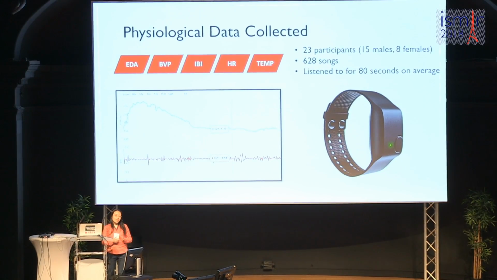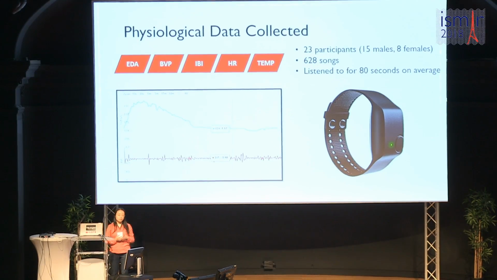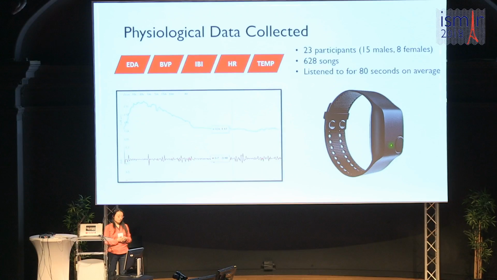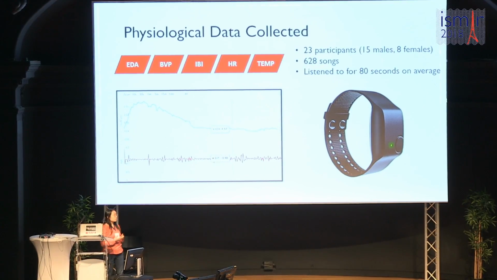And then at the same time, we measured their physiological data using the wristband shown there. It's called Empatica E4, which is quite high-end and has been used in many studies in psychology, social sciences, and health science related topics. So in this experiment, we had 23 participants, and they listened to over 600 songs.